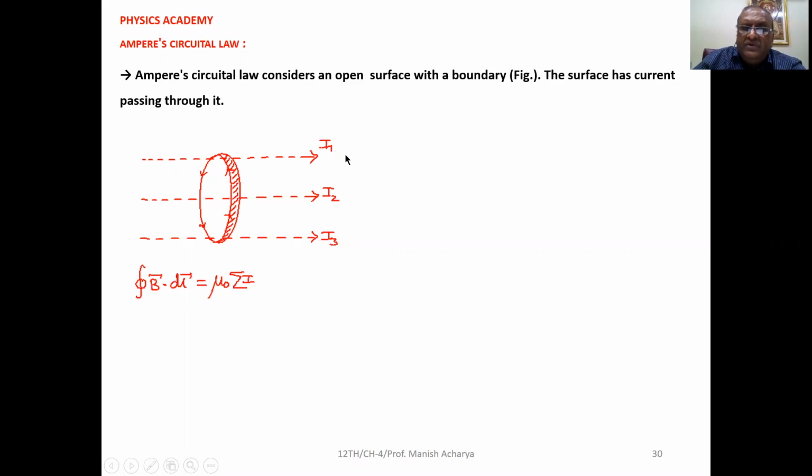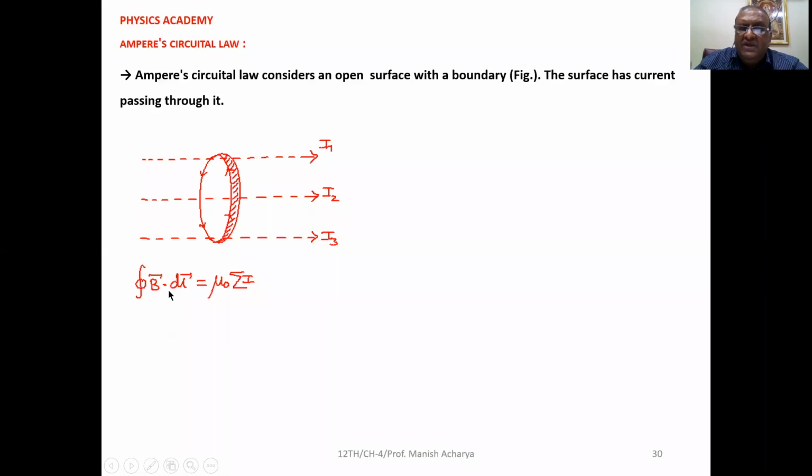Now, with the help of Ampere's circuital law, you can easily calculate the magnetic field at a point due to this current distribution. And Ampere's circuital law is given by the equation integration B dot dl, and this integration should be carried out over the Amperian loop.